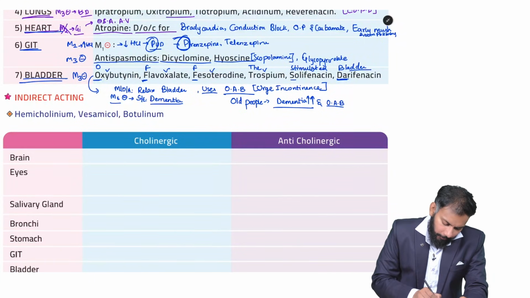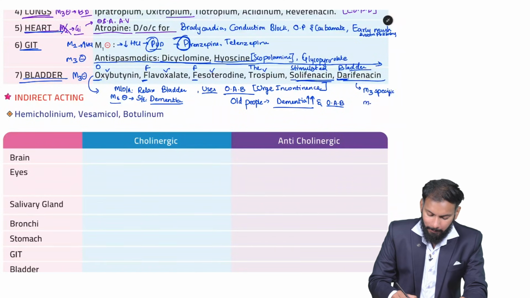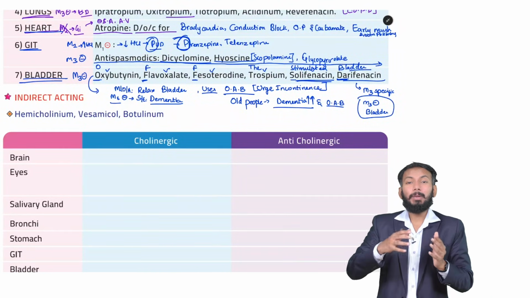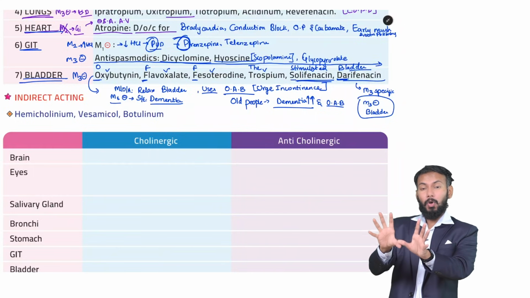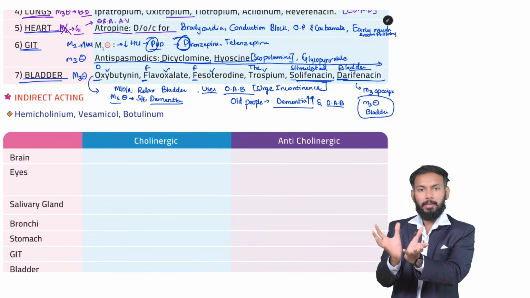Now, let me give you the concept. If you go in this way of the stimulated bladder, the last two drugs are M3 specific drugs. That means they block the M3 receptor mainly on the bladder. So mostly they are only blocking the M3 receptor present on the bladder and treating the overactive bladder disease.